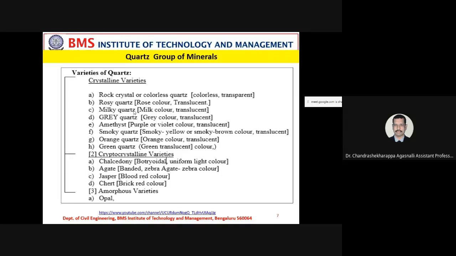The next one is gray quartz, which is gray and translucent. Amethyst is also a variety you can see there.